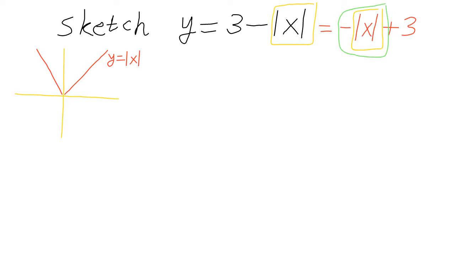To reflect absolute value of x about what? Y-axis or x-axis? This is the reflection about x-axis or y-axis? X-axis. Why? This is the parent function multiplied by minus outside.